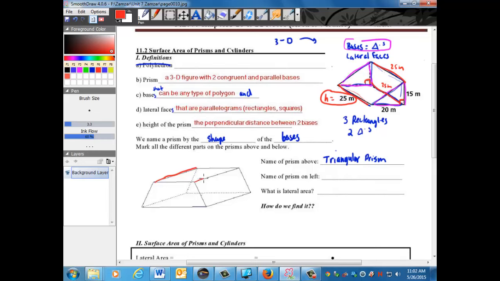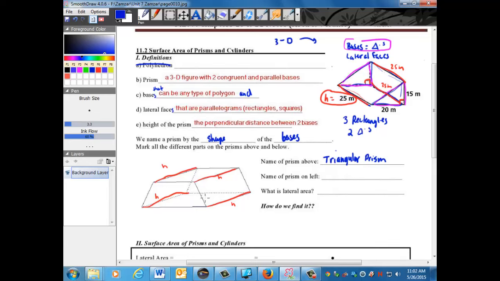In this shape, I'm highlighting our four heights. Okay, and so all of these are heights, and I guess I'll go ahead and label all of these as such: H, H, and H. Alright, and they want us to name the shape. So we want to look at the base.